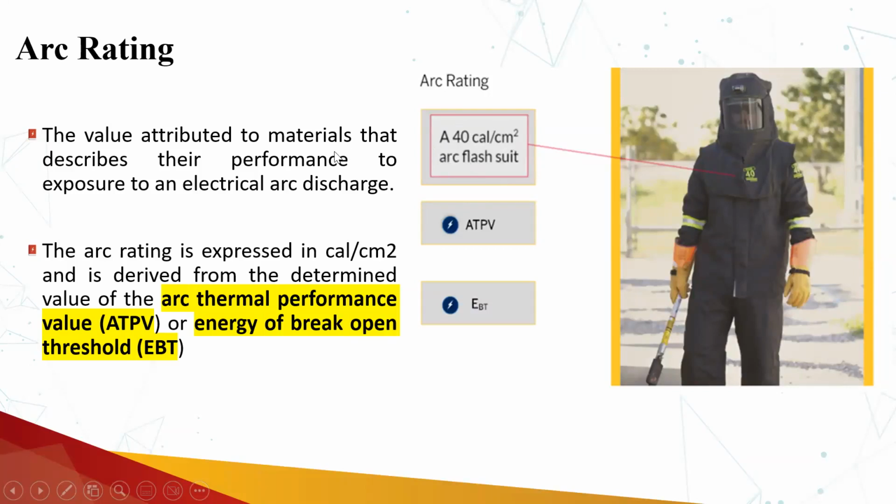This is the value which we provide to different types of materials, and it shows how the material is going to perform when it is exposed to an electric arc discharge. So ATPV is arc thermal performance value, EBT is energy to break open.